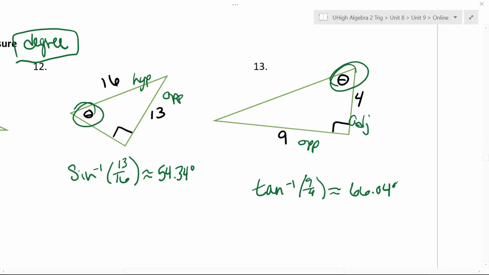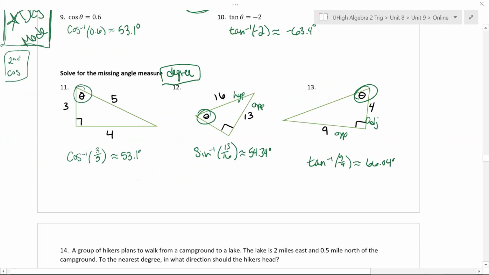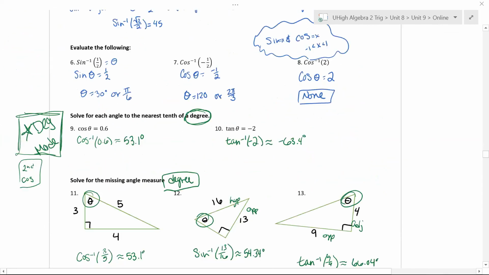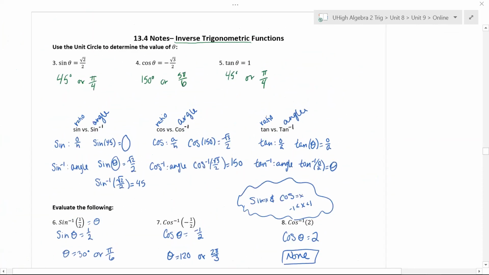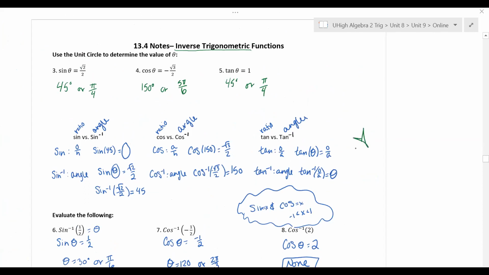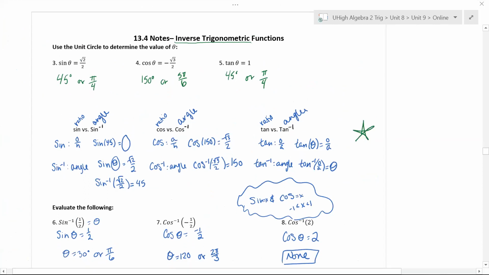All right, we are going to do the next 3 together as well, but I do want to go back up here where we talked about our sine versus our inverse sine. I want to make one little note over here to the side.